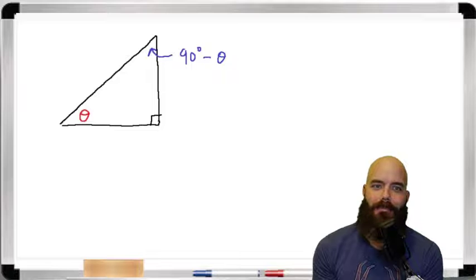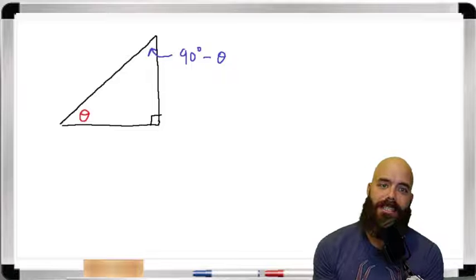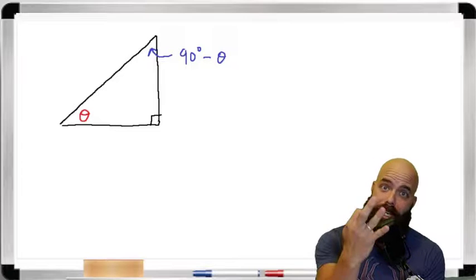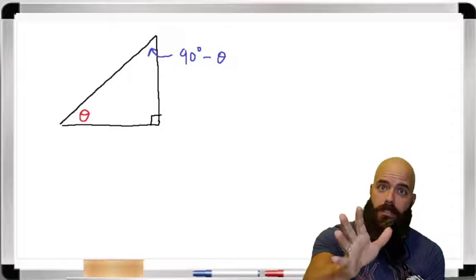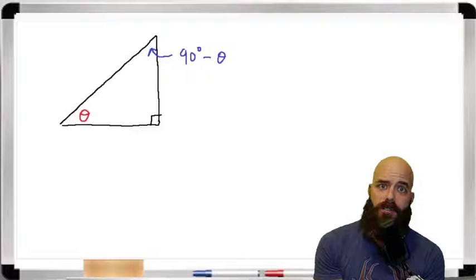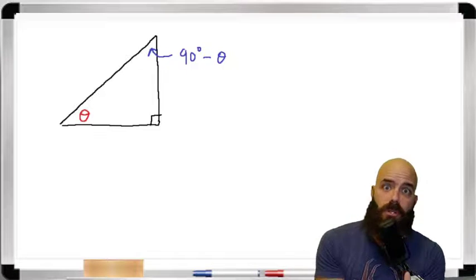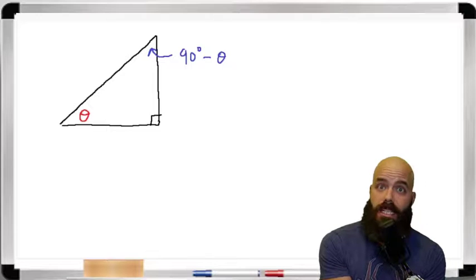Now, why might it be 90 degrees minus theta? The sum of the interior angles of a triangle, those three angles, should always add up to be what? You know, 180 degrees. Well, if I have a right angle within those three angles, that's already taken up 90.